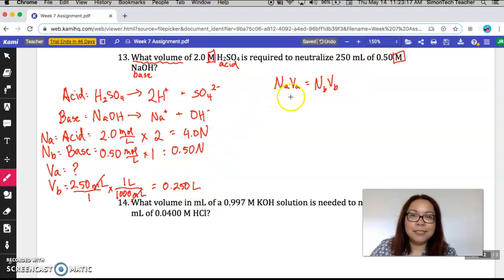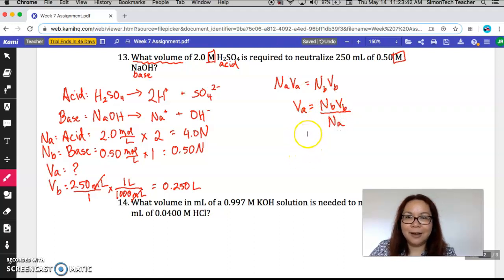So going back to this equation here, we are looking for the volume of the acid. You can always rewrite this equation so that it equals the volume of the acid. What you do here is divide both sides by the normality of the acid, and then plug in all of your known values.